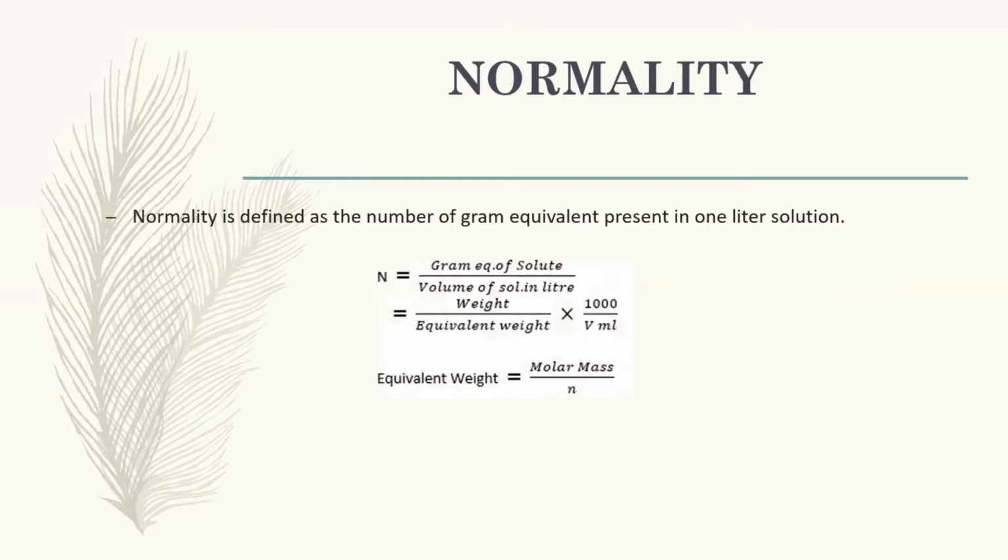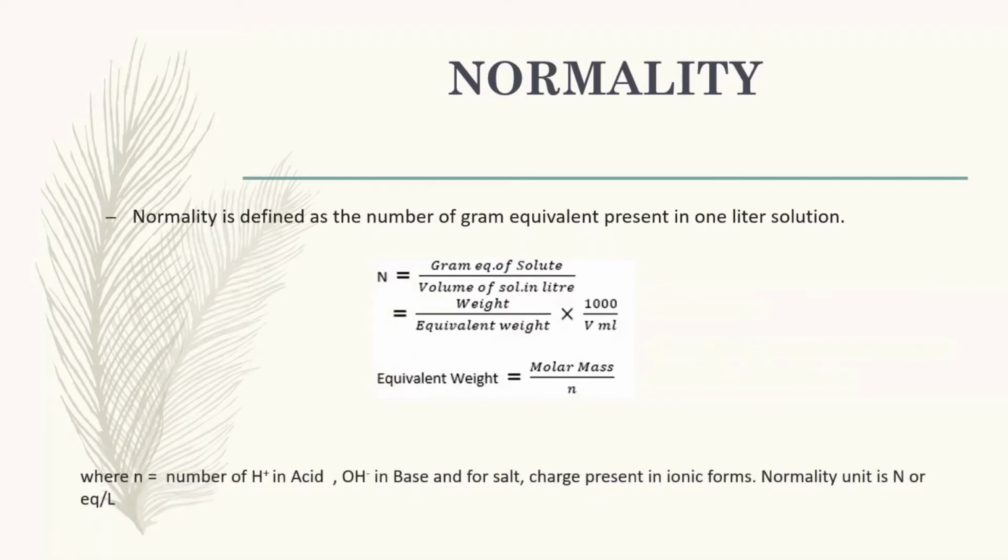It can be written mathematically as gram equivalents of solute divided by volume of solution in liters, or weight divided by equivalent weight into 1000 by volume in ml, where equivalent weight can be calculated as molar mass divided by small n, where small n is the number of H+ ions in acid, OH- ions in base, and charge present in ionic forms for salt.